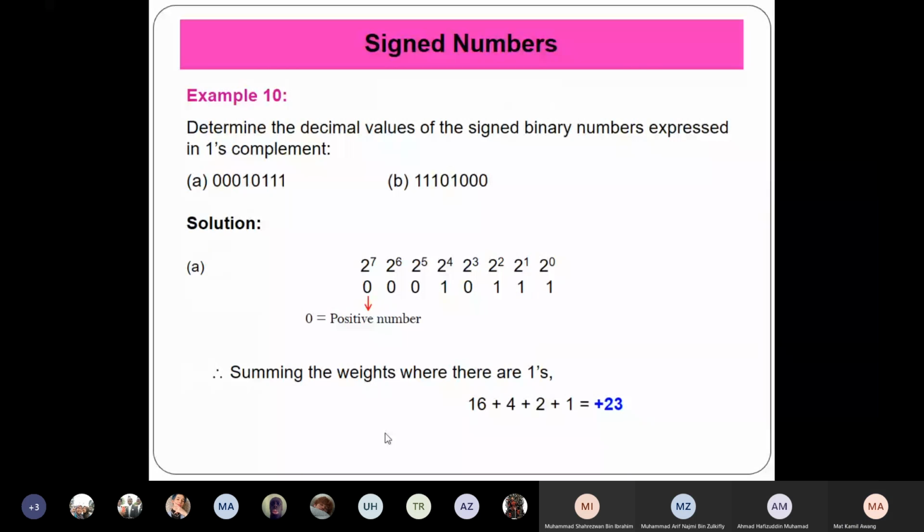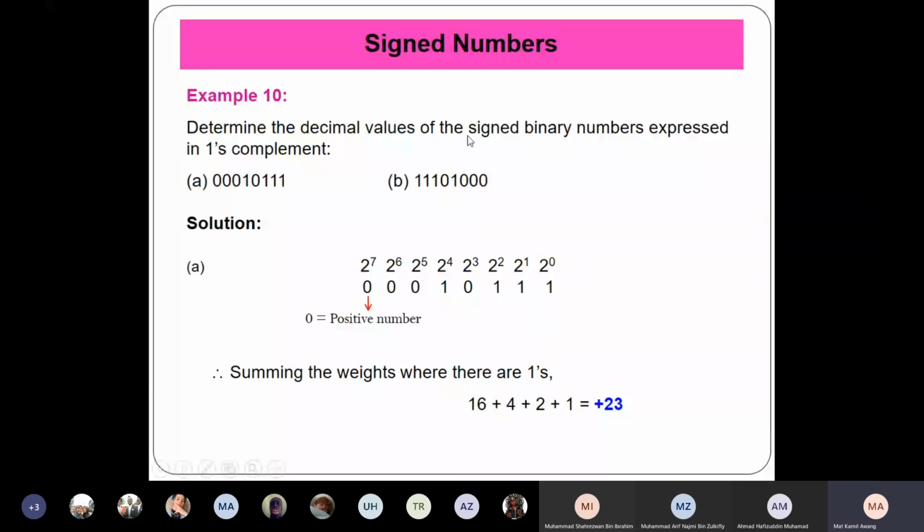Example 10: determine the decimal values of the signed binary numbers expressed in 1's complement. Let's say you have A, 0001011. So how are you going to determine the values in decimal? Basically, we will tell you whether it's a signed number or not.